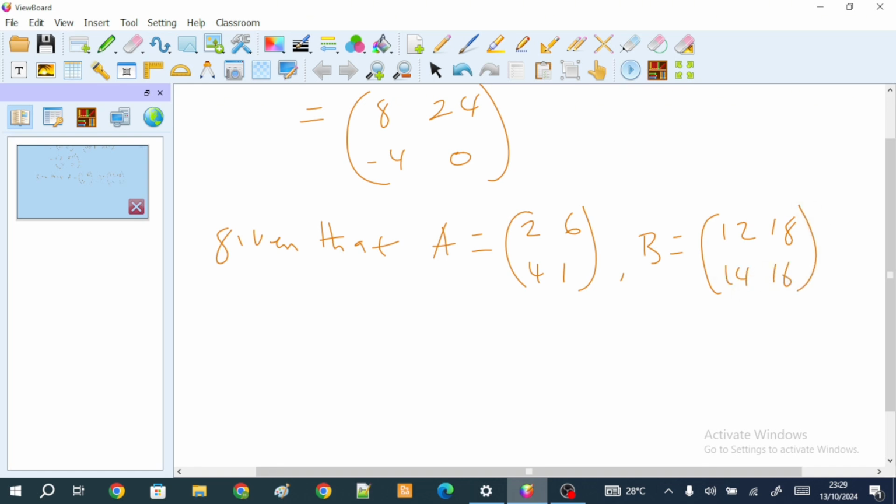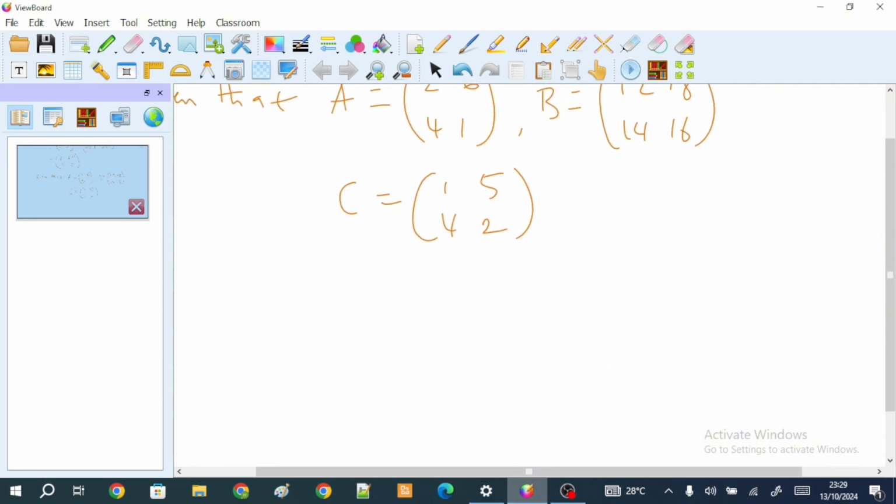And then we'll have a matrix C. Matrix C is equal to 1, 5, 4 and 2. Okay, this is matrix A, B and C.